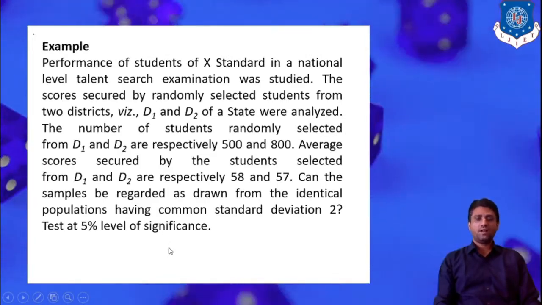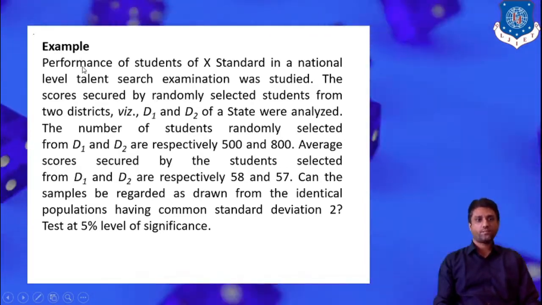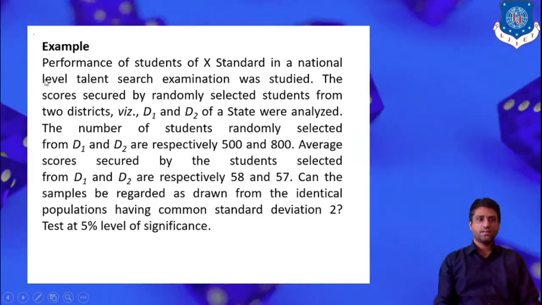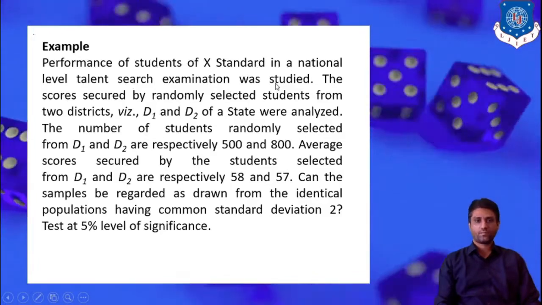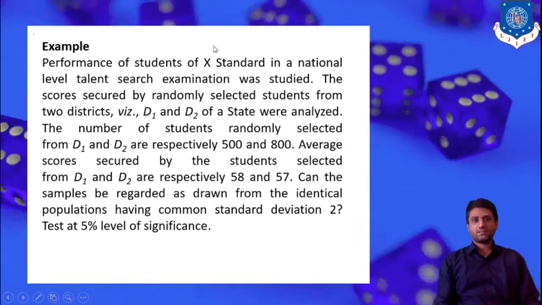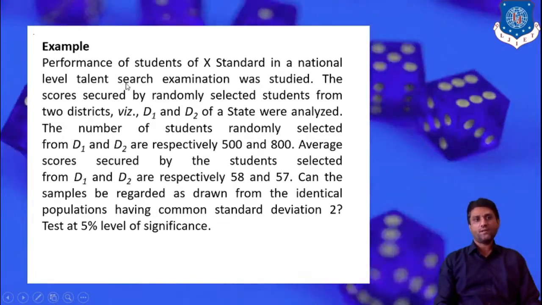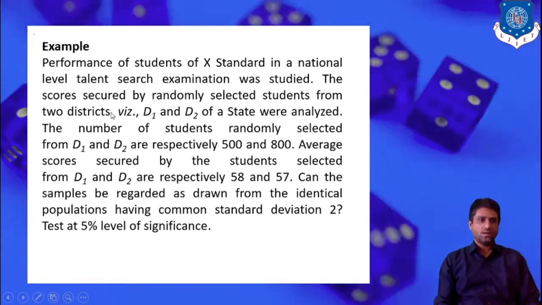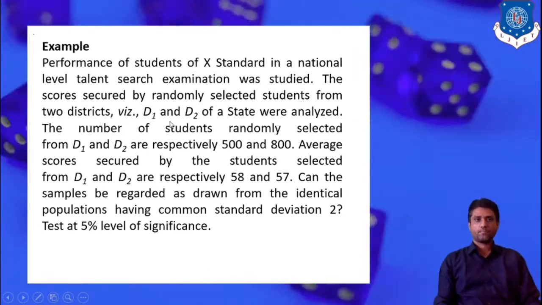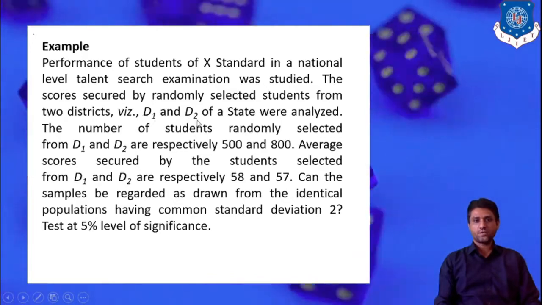So let's start an example for a better understanding of this Z statistic. The question suggests that we take data on the performance of 10th standard students in a national level talent search examination. The scores were secured by randomly selected students from two districts. D1 stands for district 1, that is the first district, and D2 stands for district 2, the second district.